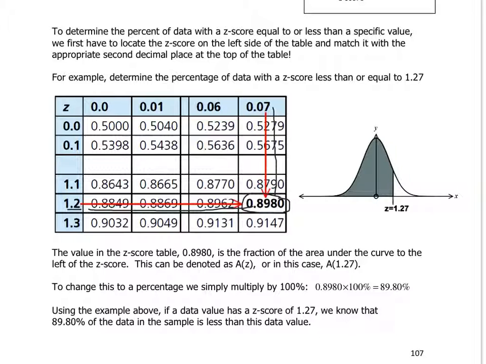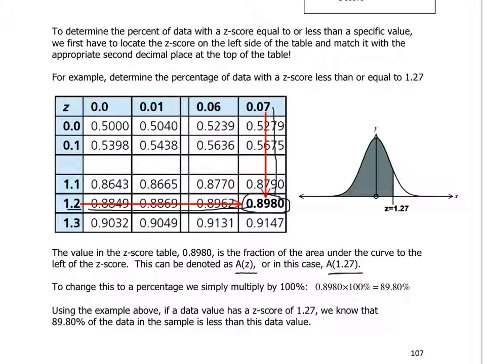It can be written using the notation A in brackets with the z-score, so in this case A of 1.27. The value 0.8980 represents the portion of data to the left of that z-score, with a z-score smaller than 1.27.